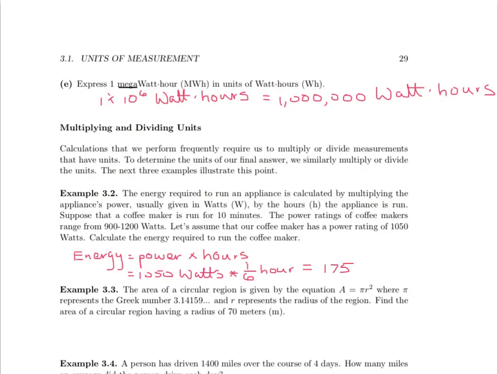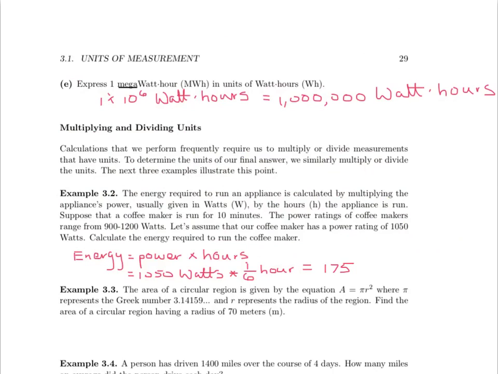What should the units be? Well, we multiplied watts, a certain number of watts, by a certain number of hours. Just like we multiplied the numbers together, we multiply the units together. And so our answer will have units given by the product of these two units.